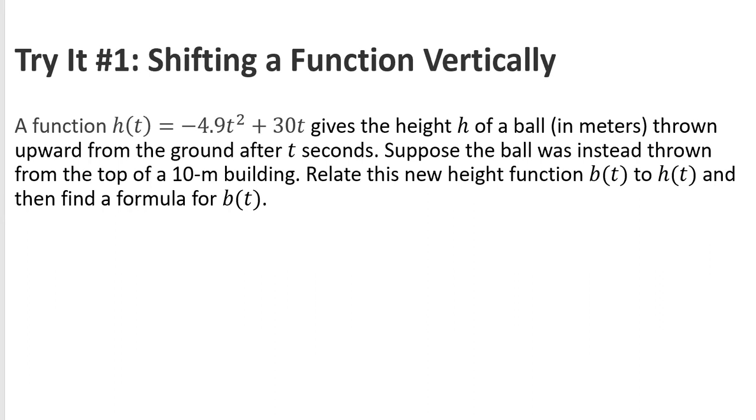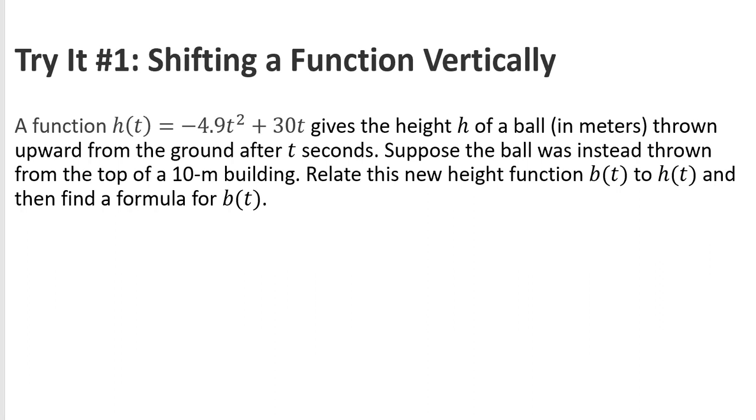Here, I would like you to ponder over this question for a couple of minutes. It says, shifting a function vertically. A function h of t equals negative 4.9 times t squared plus 30t gives the height h of a ball in meters thrown upward from the ground after t seconds.